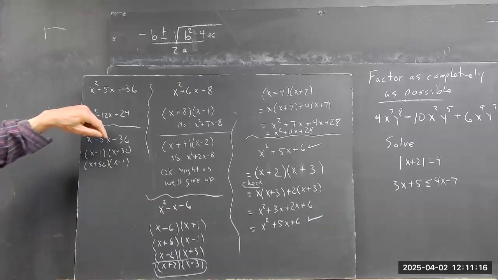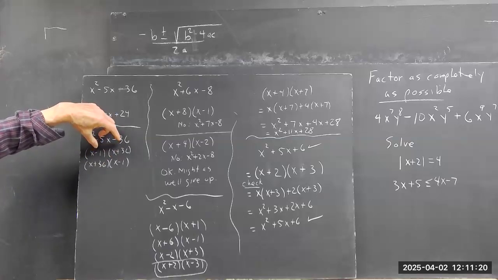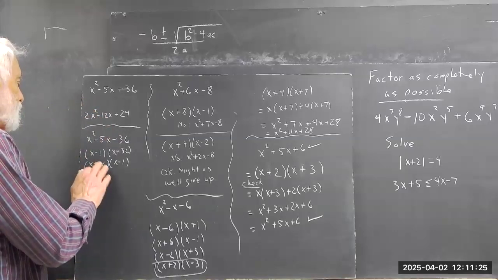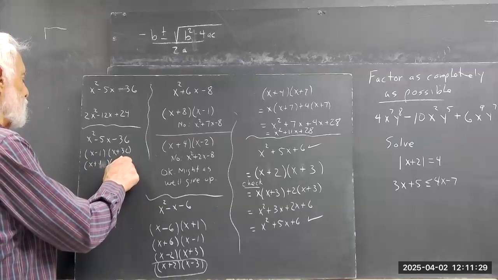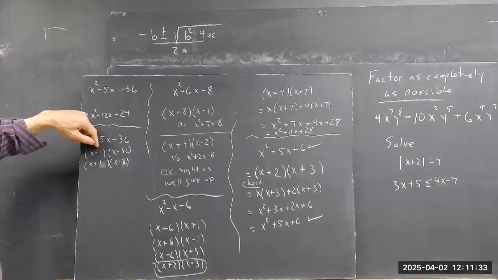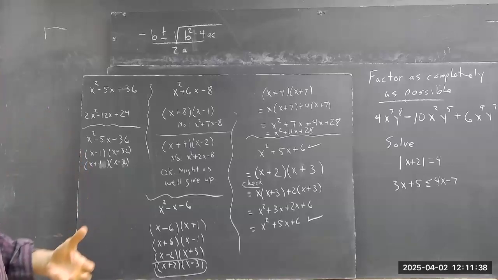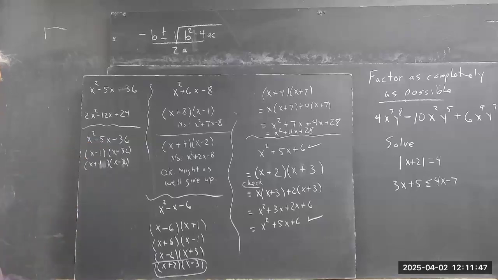It's not possible that they're going to work because in both cases, you've got a 36 or a negative 36 multiplied by x, plus 1x minus 36. You've got 36 multiplied by x, and then just a 1 multiplied by x, and it doesn't matter which one has the positive sign, which one has the negative sign. You're not going to get 5 out of that. 36 and 1 can't be combined in any way to get 5.